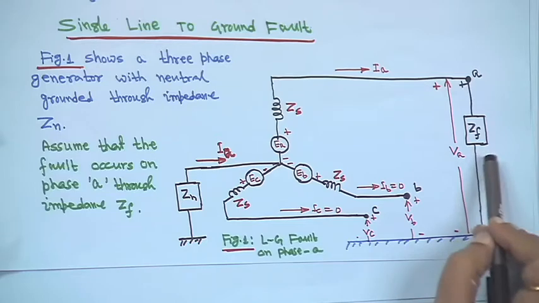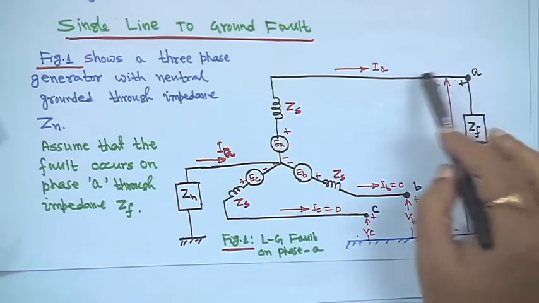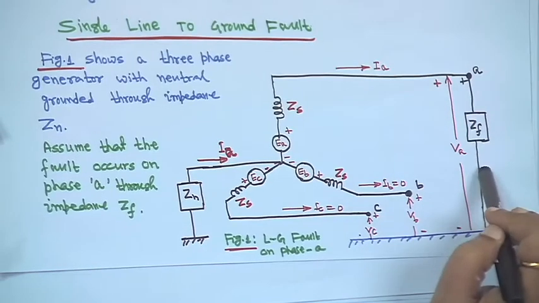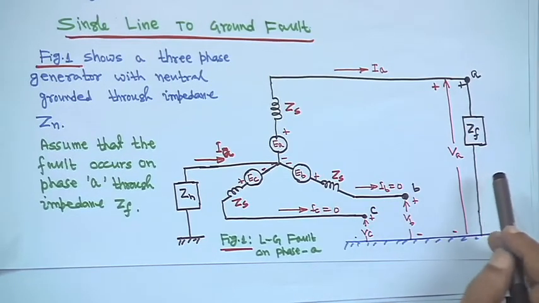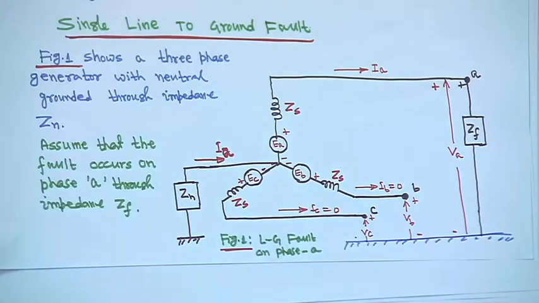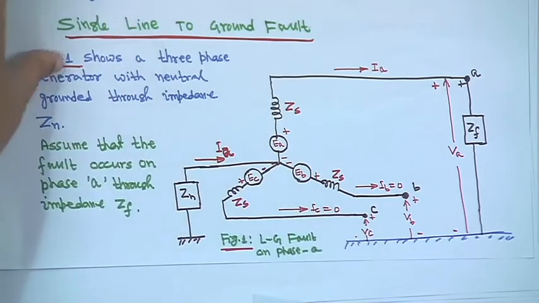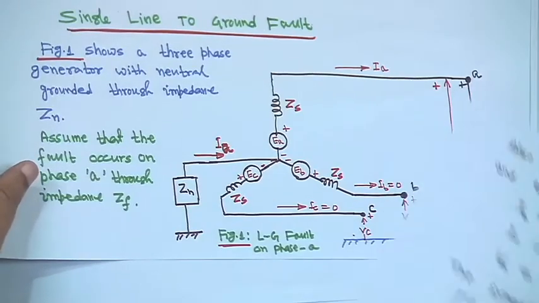So, VA is equal to IA into Zdf, and the current through phase B and phase C is 0, IB is equal to 0, IC is also equal to 0, because the fault has occurred here.